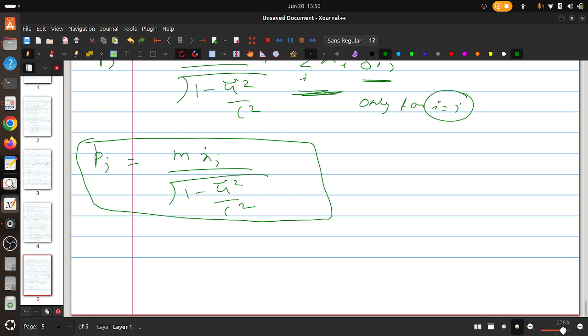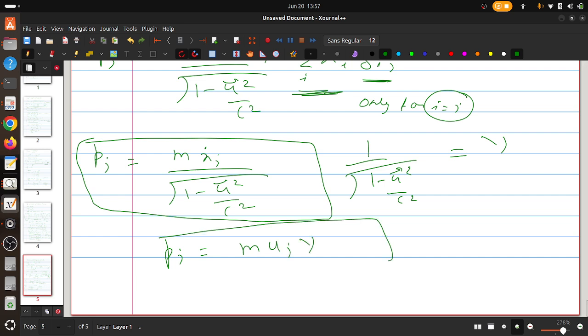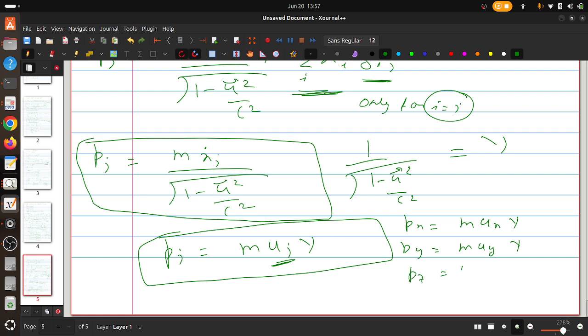So here Pj is m x dot j divided by this quantity. Now this quantity, 1 upon under root 1 minus u square by c square, we identify as nothing but gamma, the Lorentz factor. So Pj is basically m uj gamma in a more condensed form. So this uj is the component of the velocity. So basically I'm writing this as px is m ux gamma, py is equal to m uy gamma, and pz is equal to m uz gamma.